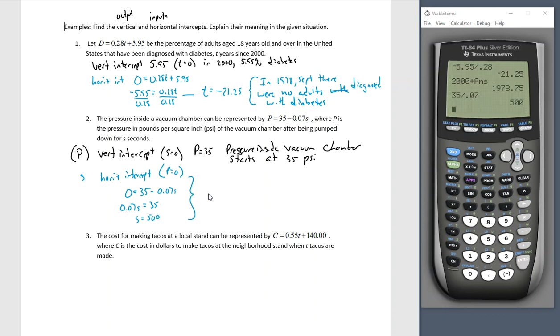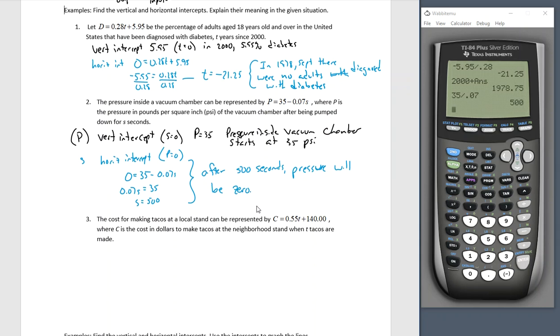What this means is, after 500 seconds, the pressure will be 0. So it takes 500 seconds to release the pressure inside the vacuum chamber.